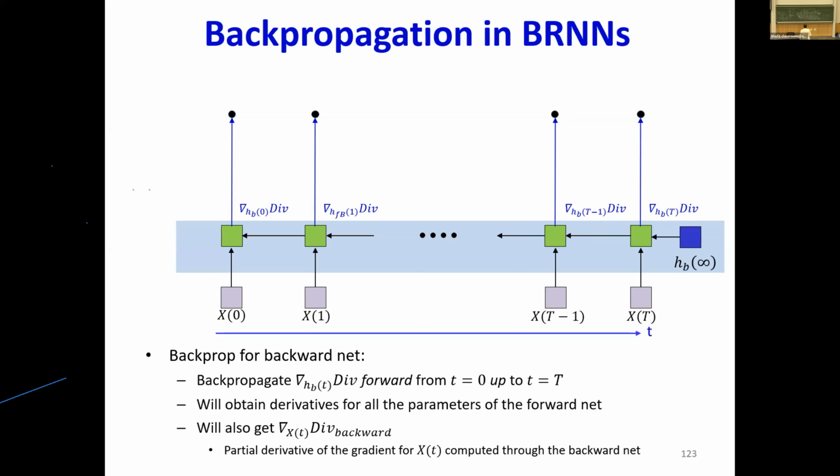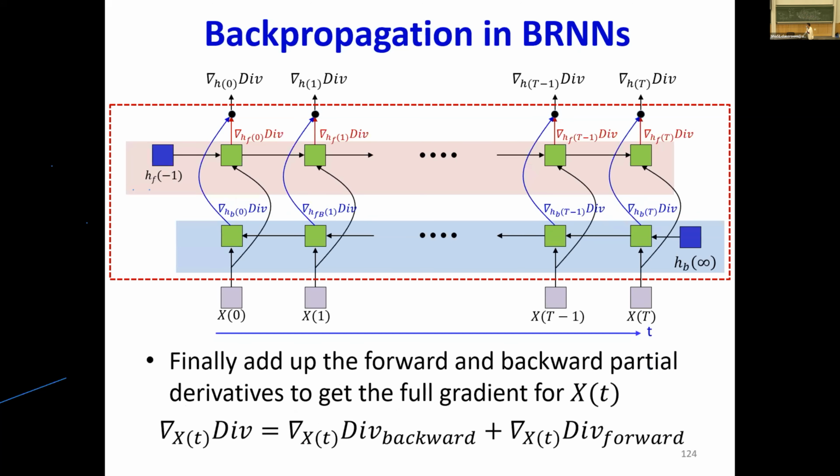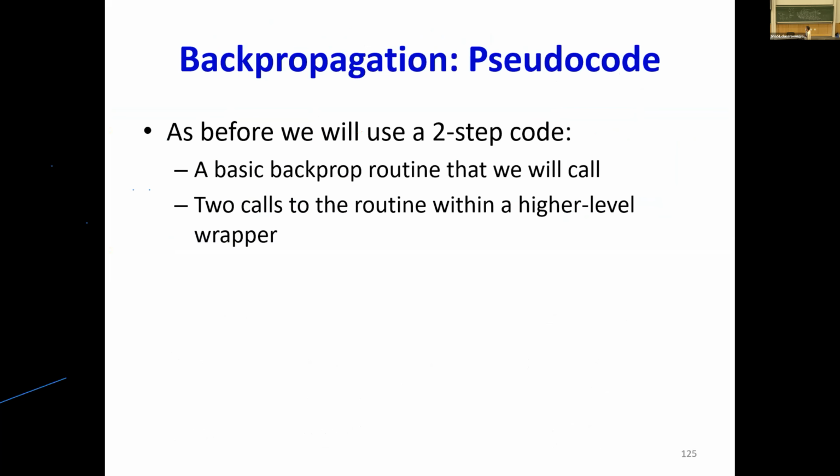Each of these gives you a derivative with respect to the input. The two must be summed, because the input to the block is going out two ways. So finally, the forward and backward partial derivatives are added to get the full gradient for the input. Very straightforward.